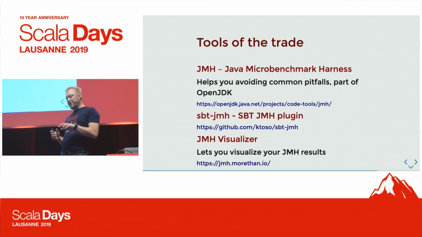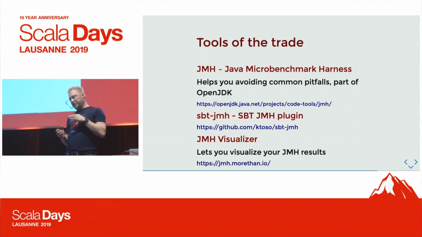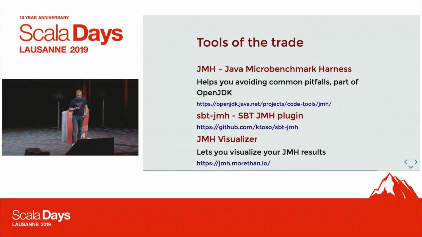So JMH provides you with tools to keep that from happening, because benchmarks tend to be pretty small and maybe do nothing meaningful, and it's easy to get lost with the just-in-time compiler optimizing away your code.